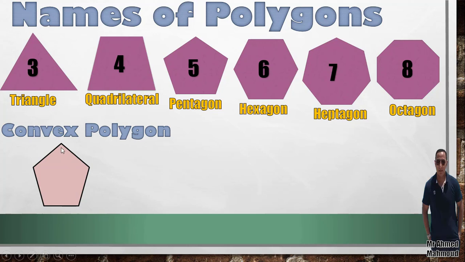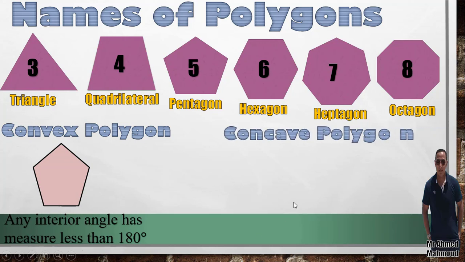The polygon in which all its angles are less than 180 is called a convex polygon. By looking at the 5 angles here, the measure of any of the 5 angles is less than 180, so it is a convex polygon. Any interior angle has a measure less than 180 degrees.